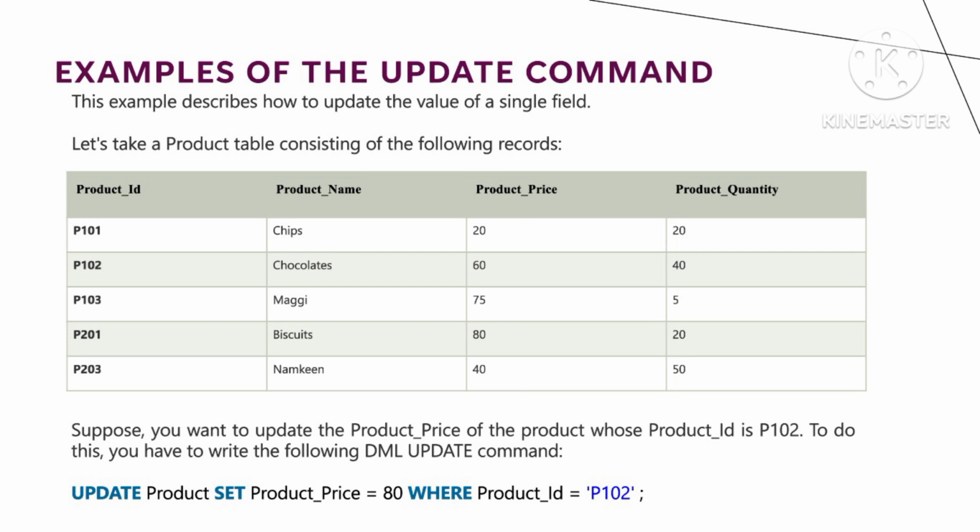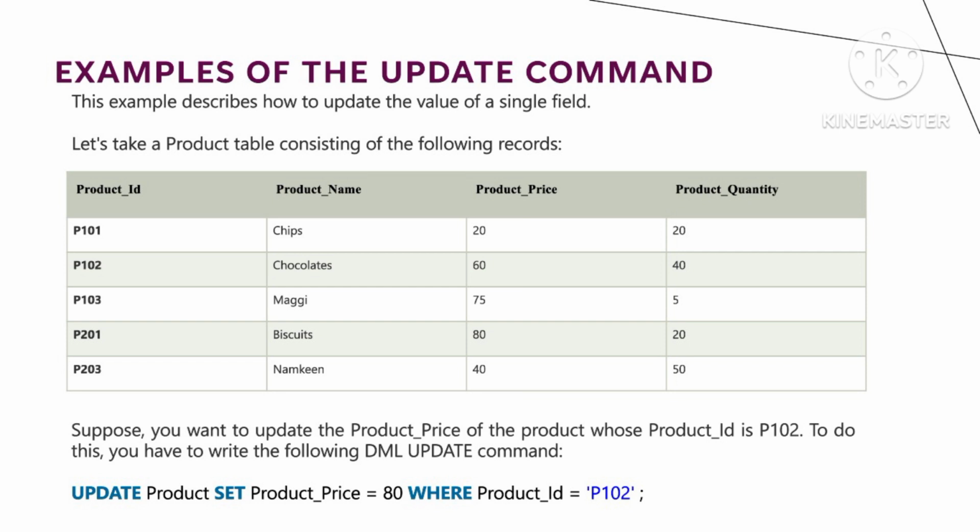So let's look at an example to understand it in a better way. Here various records are already predefined, and we are going to update some record that is being given here. So update product. Product is the name of the table that we are using. Set. We are going to set some value to the column named product price.